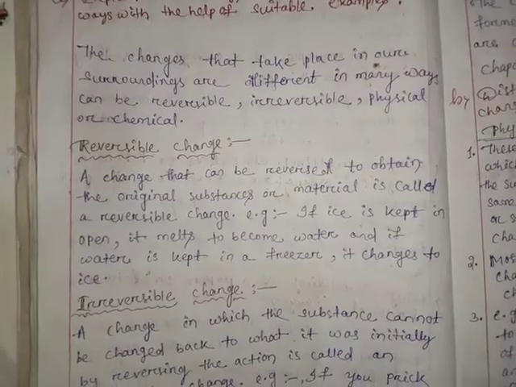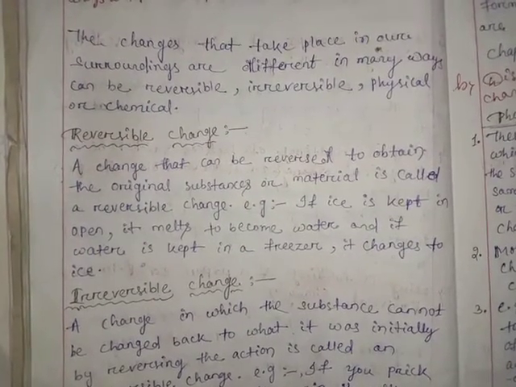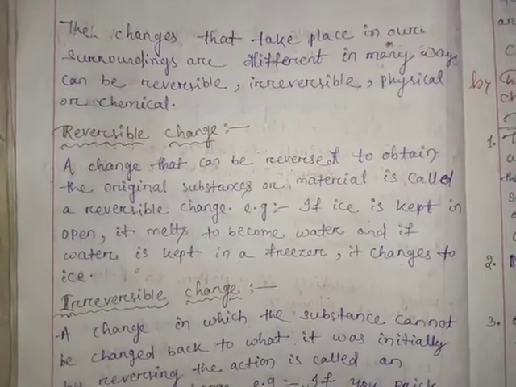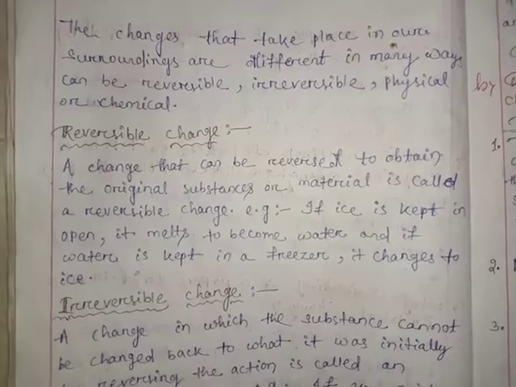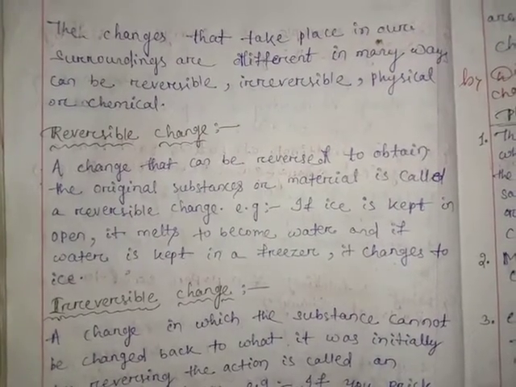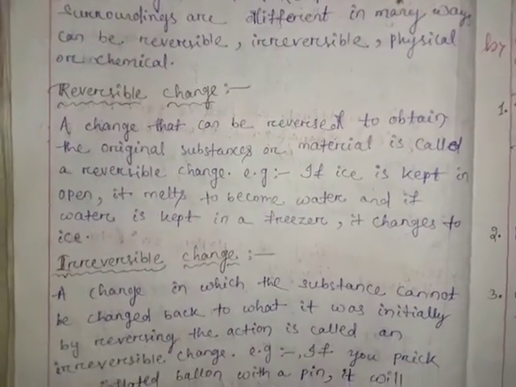The first one is reversible change. A change that can be reversed to obtain the original substances or material is called a reversible change. For example, if ice is kept in open, it melts to become water, and if water is kept in a freezer, it changes to ice.